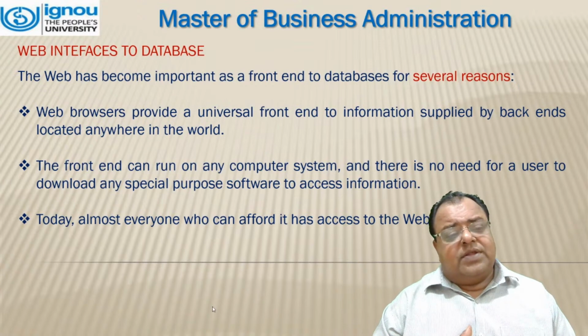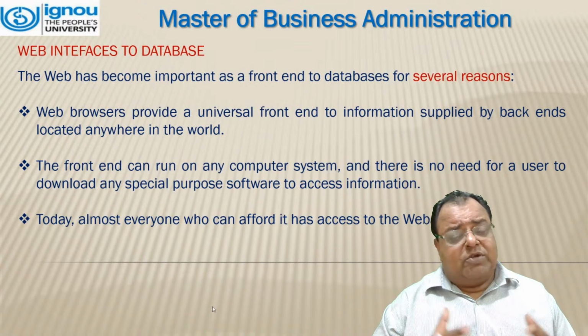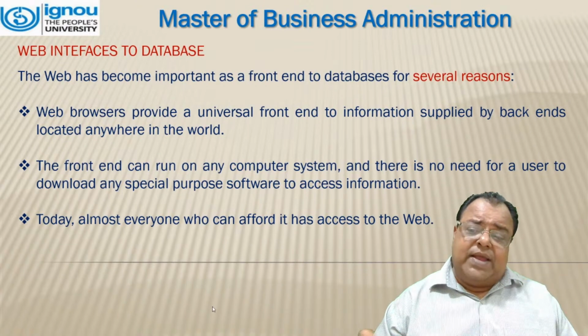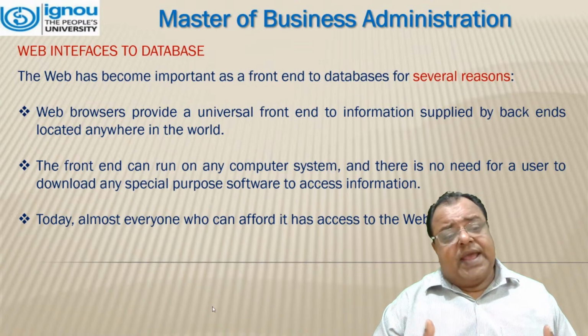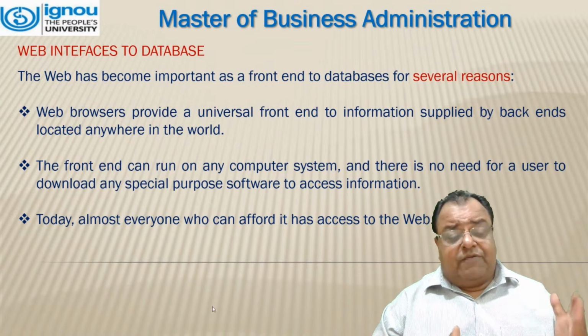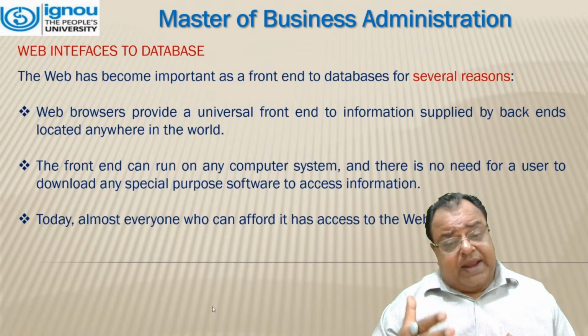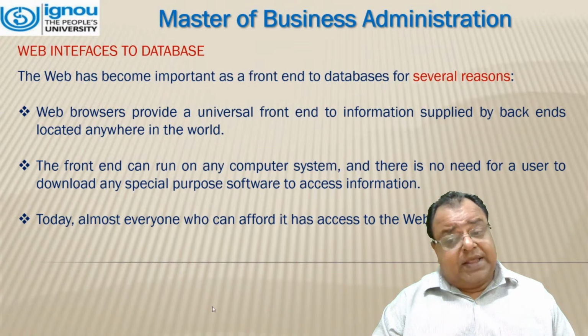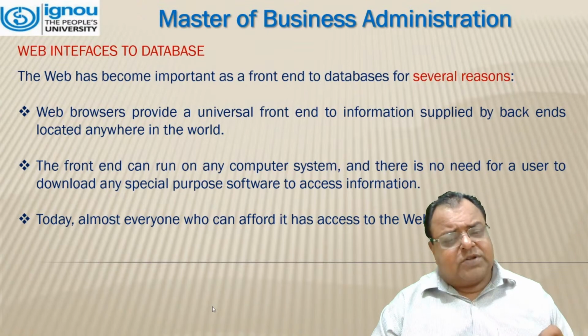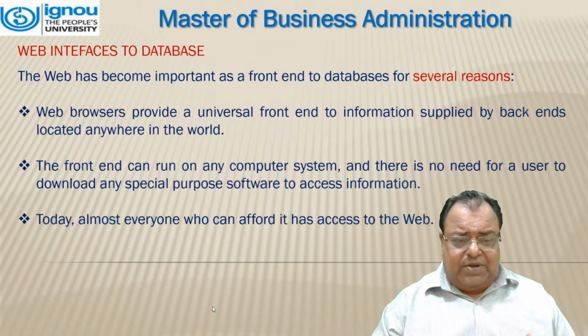Applications such as web browsers provide a universal front end to information supplied by backends located anywhere in the world. The front end can run on any computer system, and there is no need for a user to download any special-purpose software to access information.